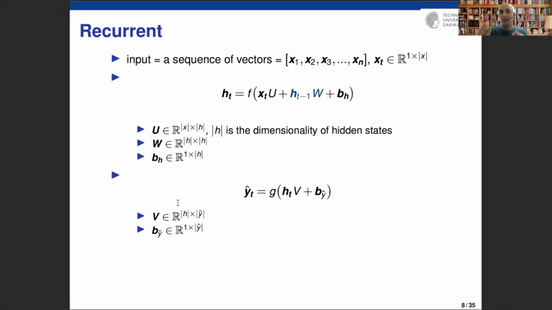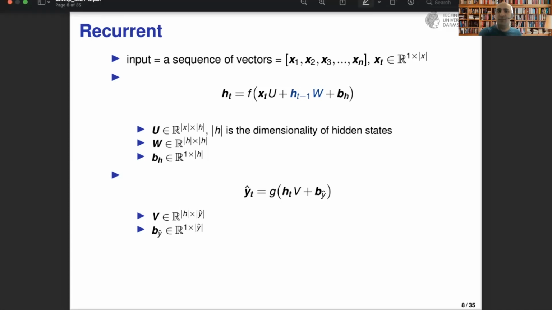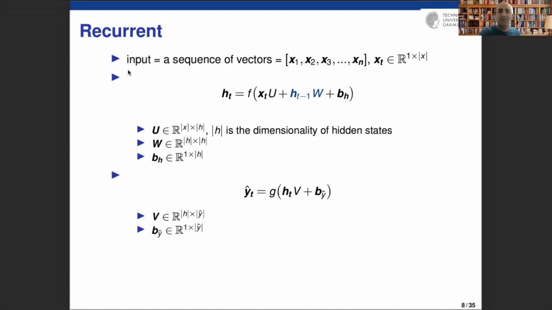So that's why we have xt here. Let me use my pen. Okay, what is important to notice here is that xt is a vector with the size of x. If x is a word, then its vector representation can be obtained by a pre-trained word embedding.